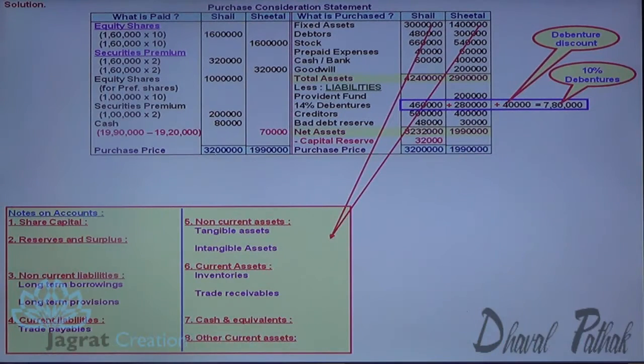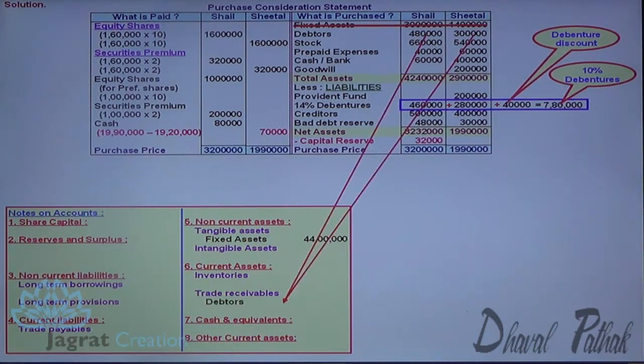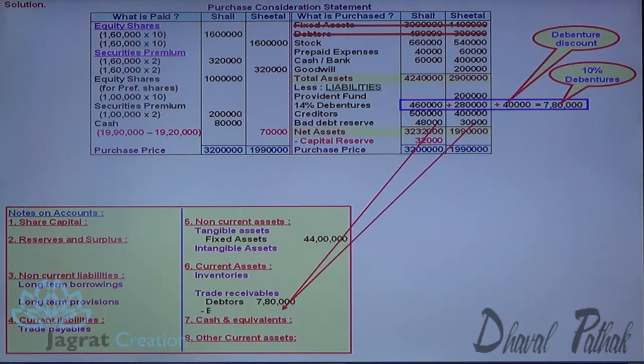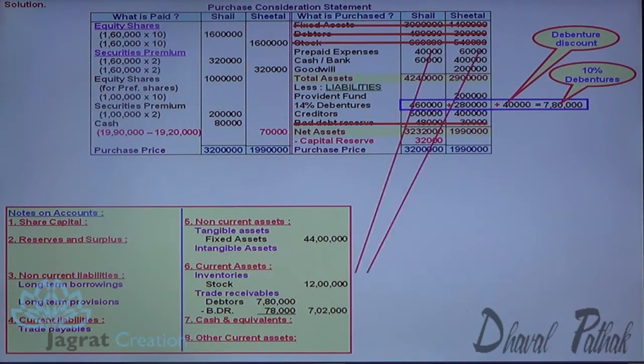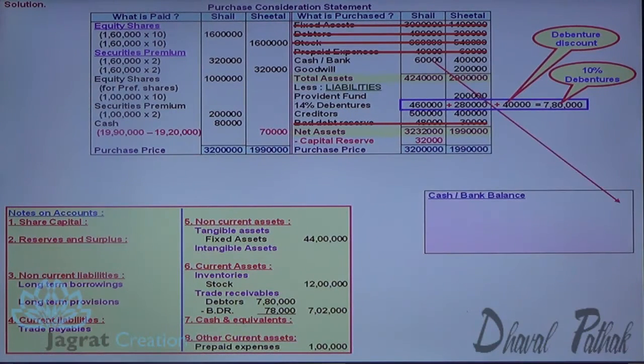Fixed assets, non-current assets, tangible assets. Debtors, current assets, trade receivable minus bad debt reserve. Stock will go in inventories. Prepaid expense, other current assets. Cash and bank will go in cash equivalents.